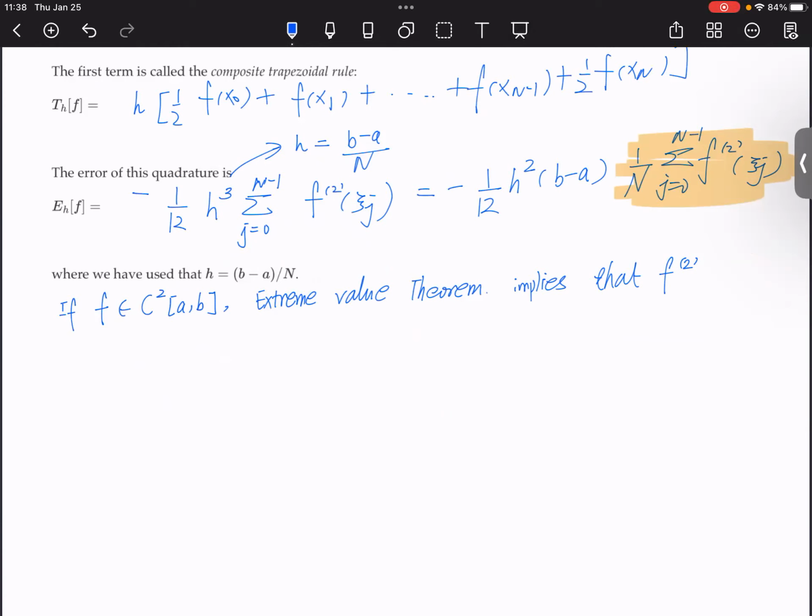So we can apply the extreme value theorem to that second derivative. The second derivative attains its maximum and its minimum in the interval [a, b].